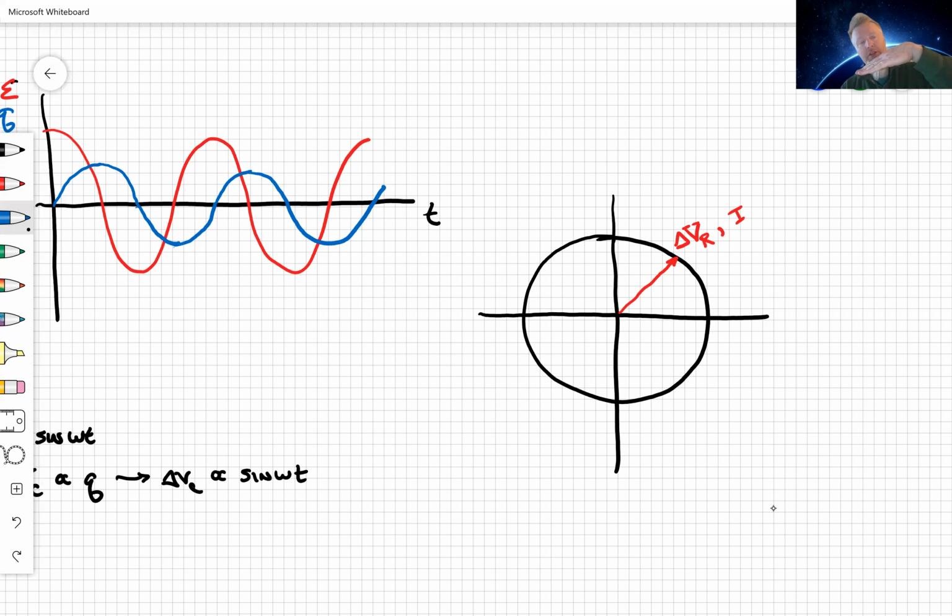So if the voltage of the resistor peaks first, it hits there. But look, where is the blue voltage of the capacitor? It's down here. It has not peaked yet. It's got 90 degrees to go before it peaks. So there should be a 90-degree angle here.